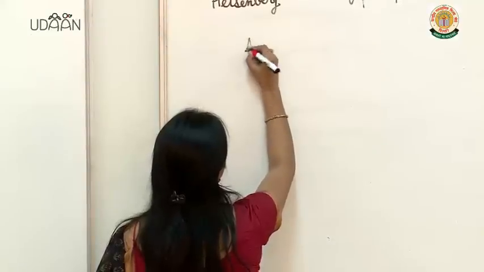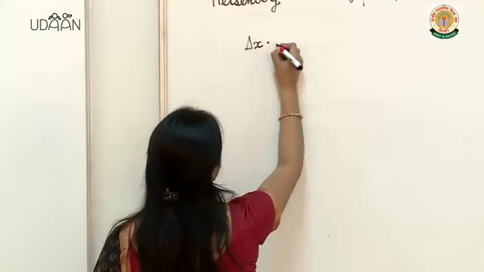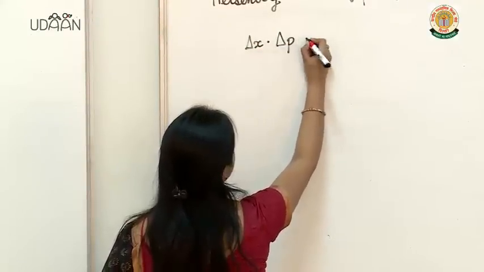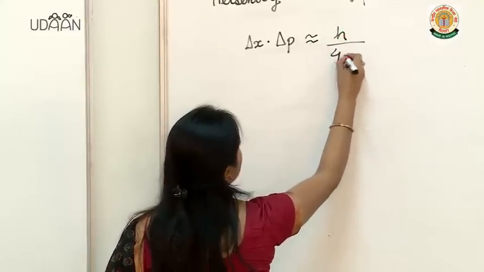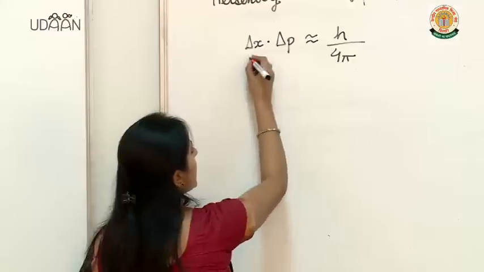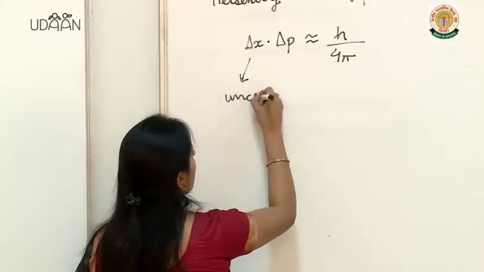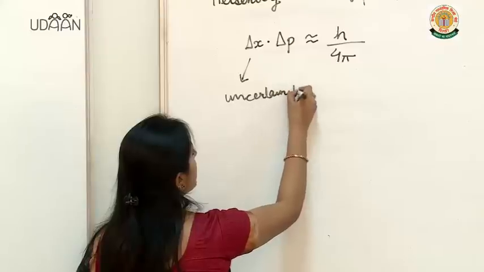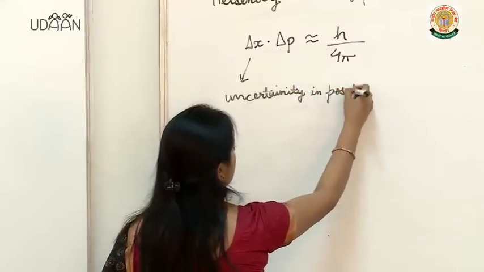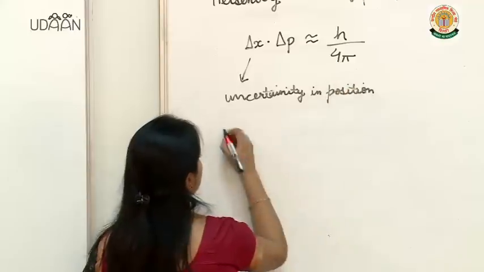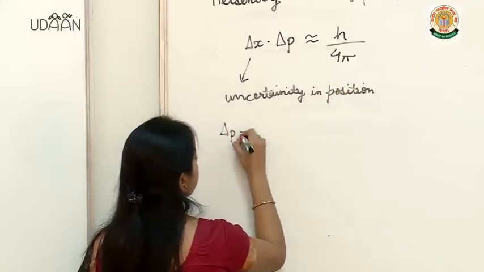I will say that delta x into delta p is nearly equal to h by 4 pi. What is delta x? Delta x is the uncertainty in position. What is delta p? Delta p is the uncertainty in momentum.